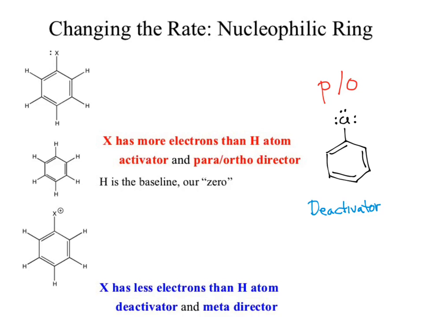However, there are electrons there, so they contribute to the para-ortho positions being less or more reactive than the meta positions, which really comes into play when you look at the resonance contributors.